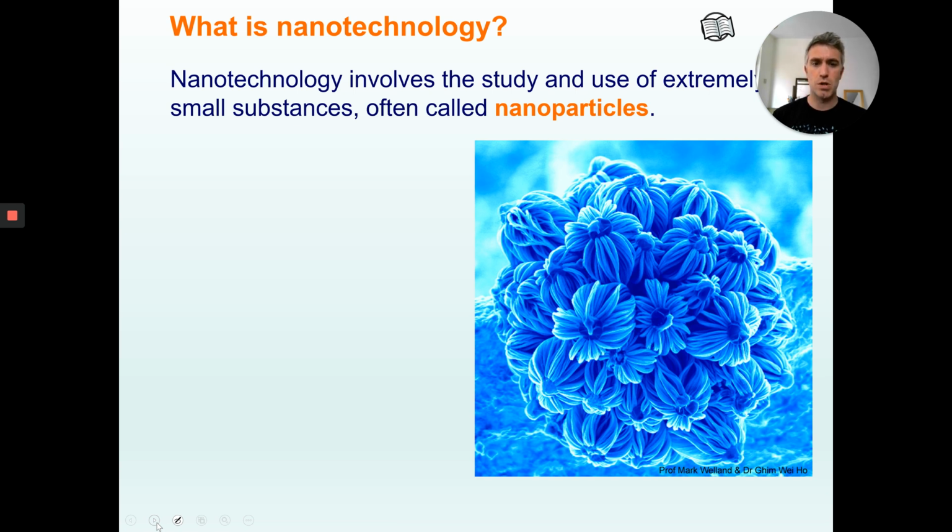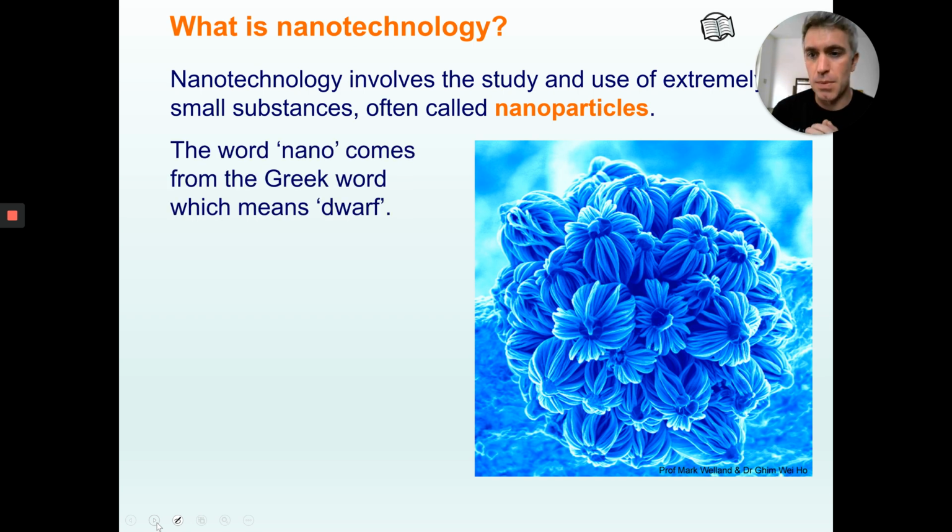So just to give you some information, it says nanotechnology. What is nanotechnology? It's things that are very, very small. Nanotechnology is looking at things that are nanoscopic, which is smaller than microscopic. Very small things are called nanoparticles.